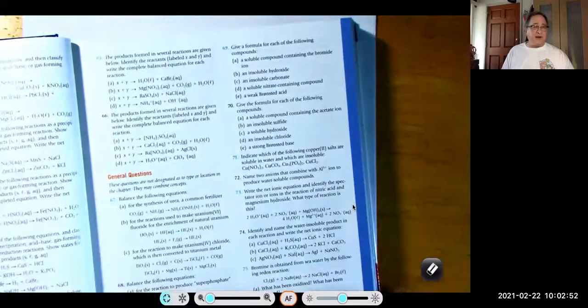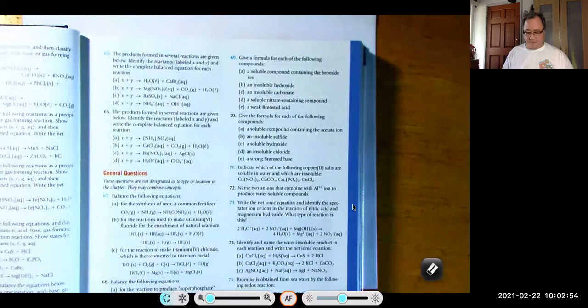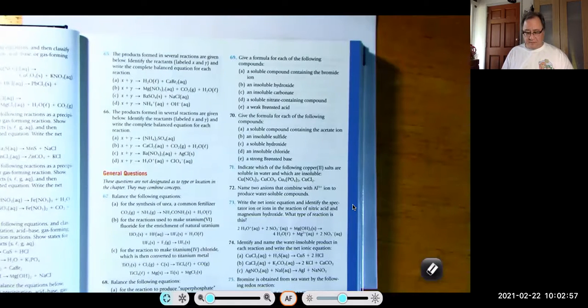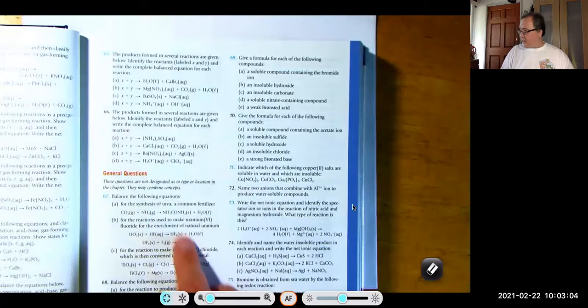Okay, so here's 65. Let's do 66 because I think I have that one written out and we can look at the question while I'm doing the problem.